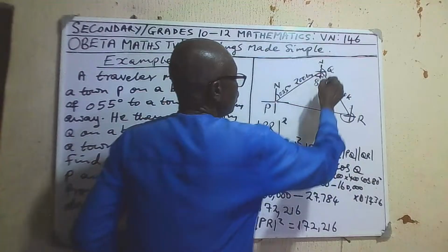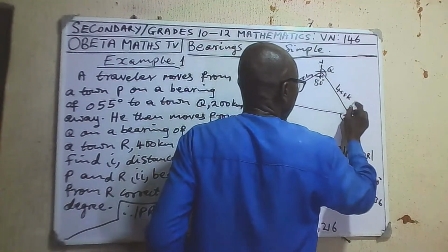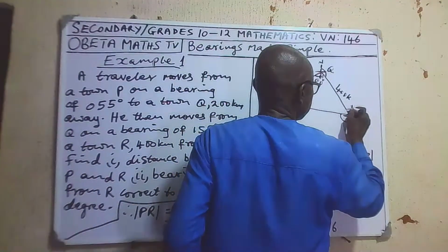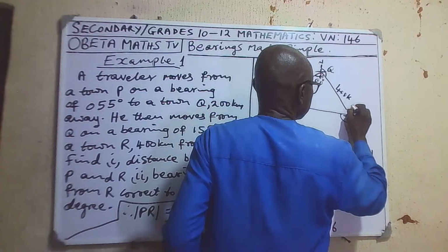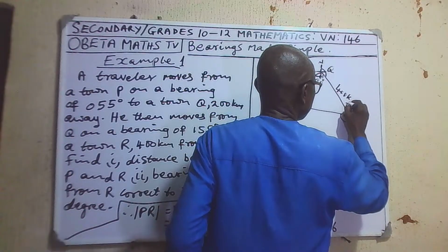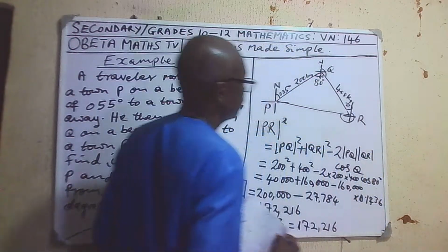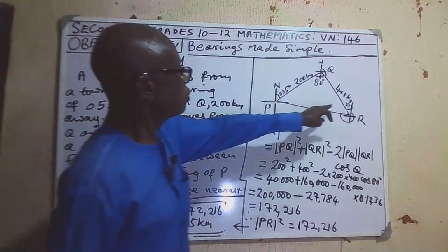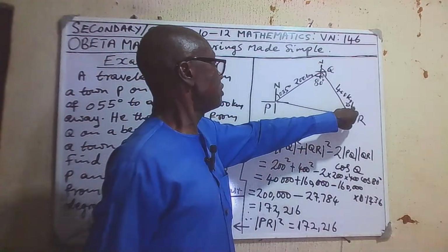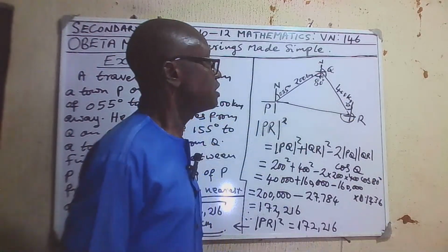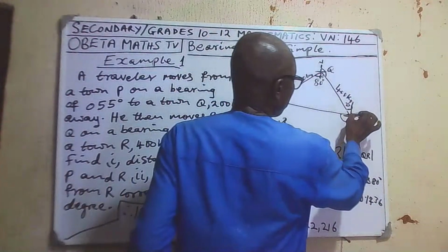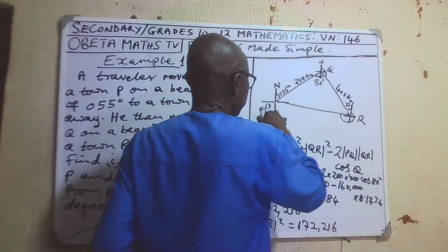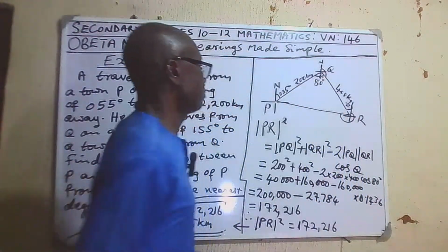After that, this 25 degrees is alternate to this, and that means this is also 25 degrees. So what we are going to do is calculate the angle here plus 25, subtract from 360, so that the remaining will be what we have here. And that's the bearing of P from R.